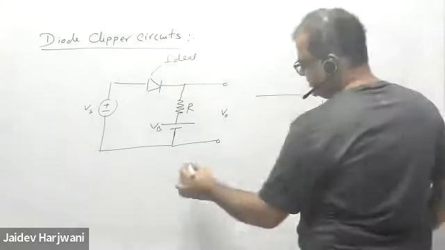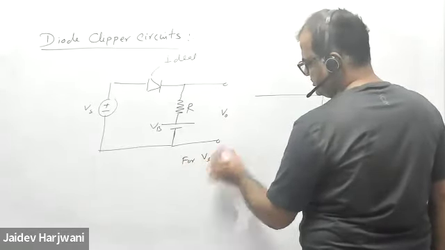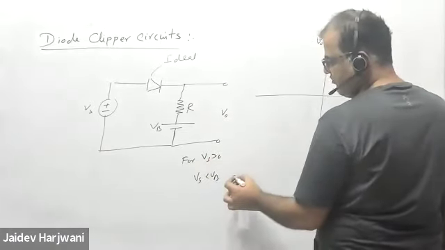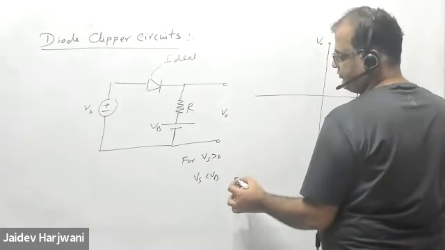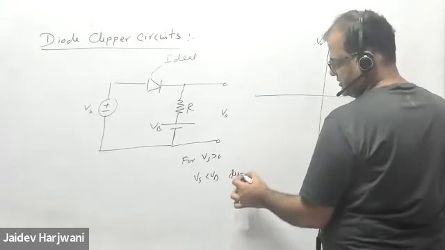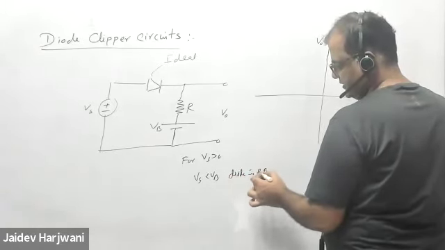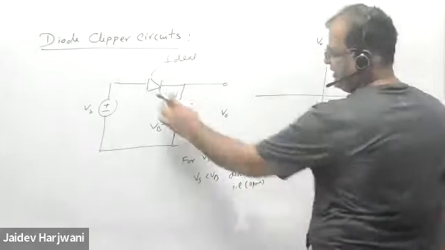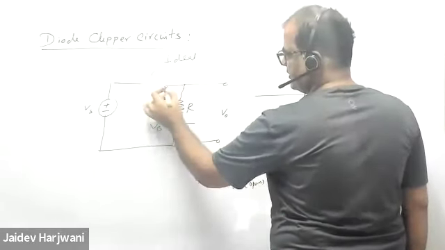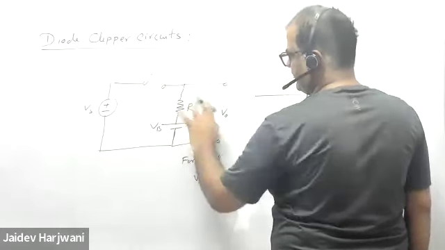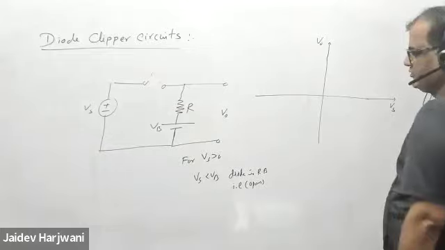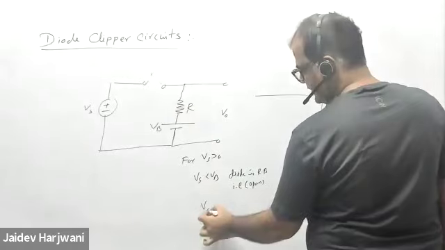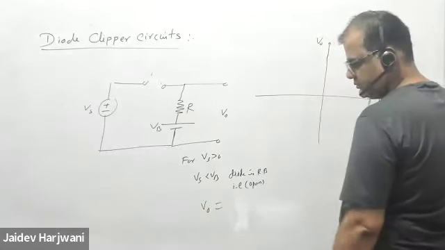So for the positive part, for VS greater than 0, if my VS is less than VB, then the diode is reverse biased. The diode is reverse biased, that is open. And when this becomes open, what is the voltage V naught equal to? If it's open, then V naught will be VS minus VB?